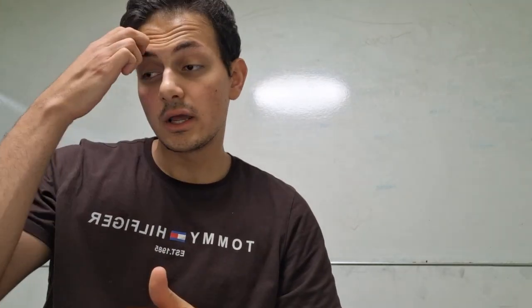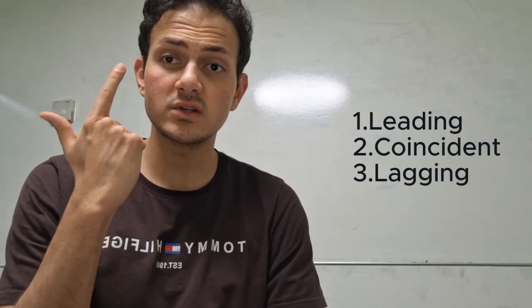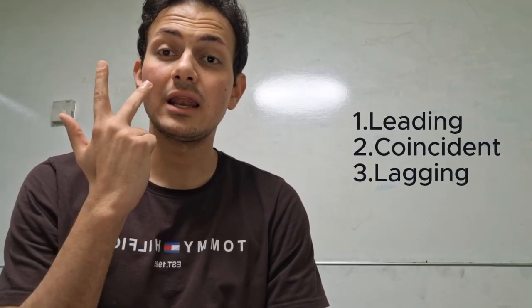So now let's talk about the economic indicators and the three different types of them: leading indicators, coincident indicators, and lagging indicators.